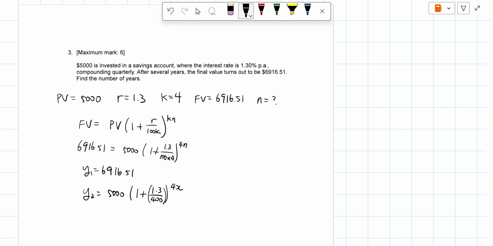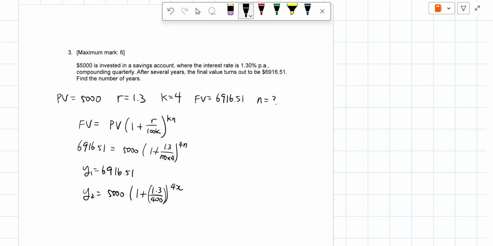Now, I also need to change my window setting slightly. Because I know that one of my lines is 6,916.51, that means that I have a horizontal line at y equals about 7,000. So I think I'm going to put my y maximum to at least 10,000.